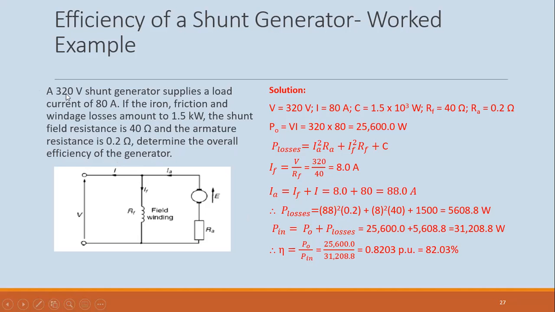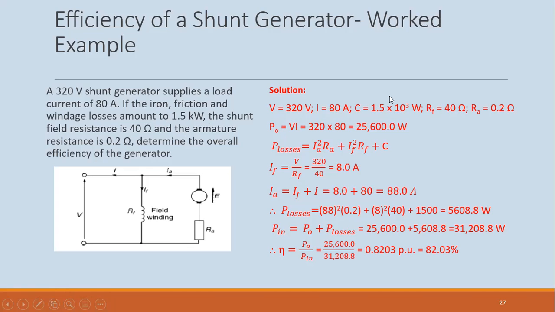All right, so when it's a 320 volt shunt generator, it means that the output voltage will be 320, and it is supplying a load current of 80, so I here would be 80. Iron, friction and windage losses amount to 1.5 kilowatts, so we know that C, the constant loss, is 1.5 kilowatts.